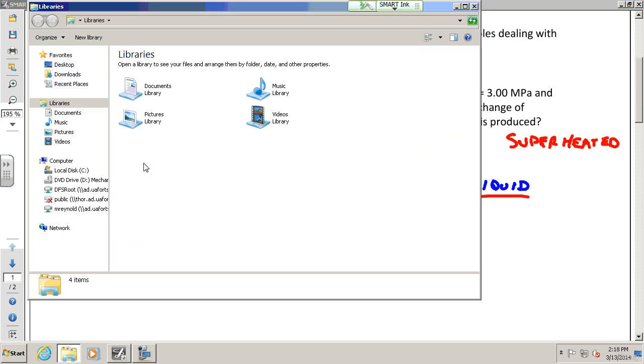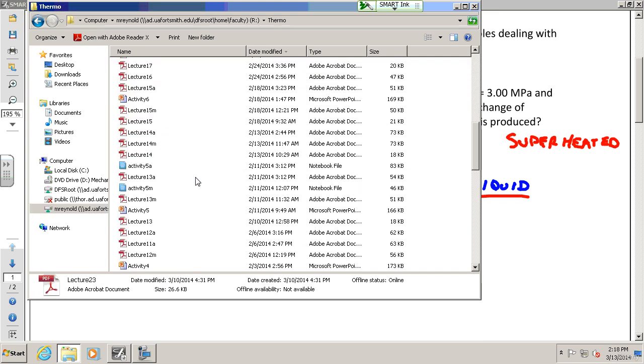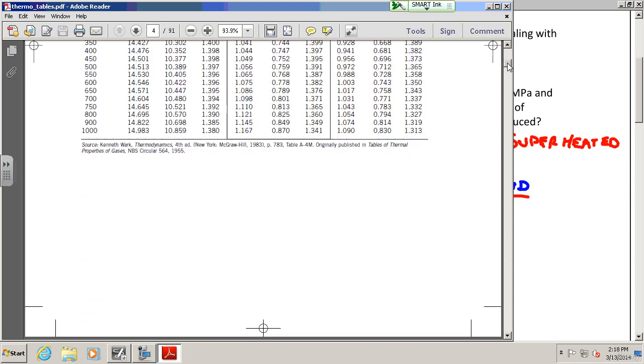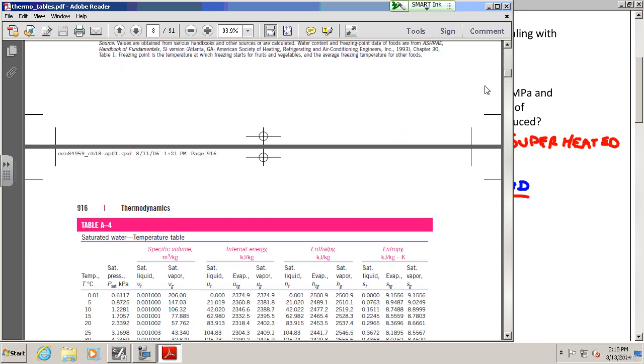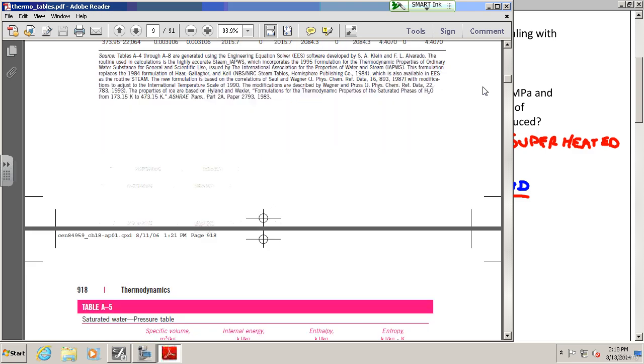We are going to pull out the tables now for entropy. Here's my tables. And I'm going to go to entropy. I'm going to start out, this is superheated.